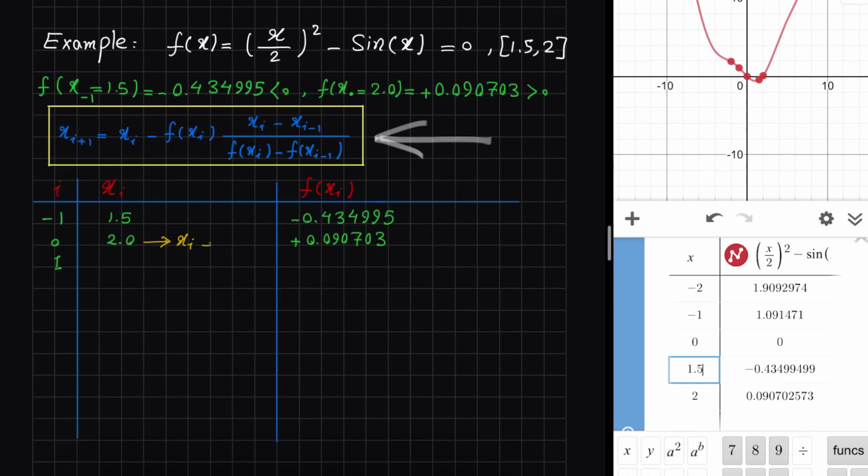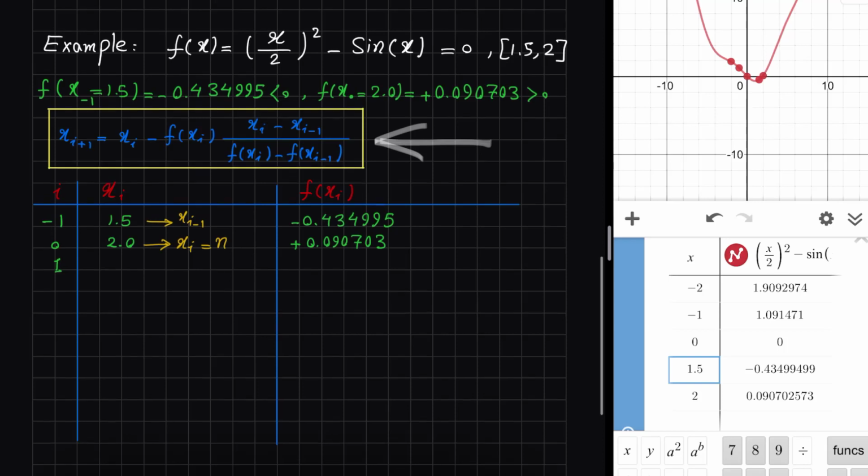Let's call it n. This value for iteration 1 is xi minus 1. Call it, for example, M, because in the Desmos calculator we don't have xi minus 1, so we have to select some other variable names. That's what I'm doing here.